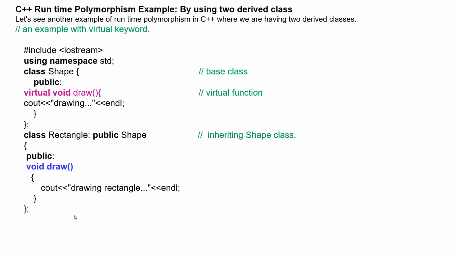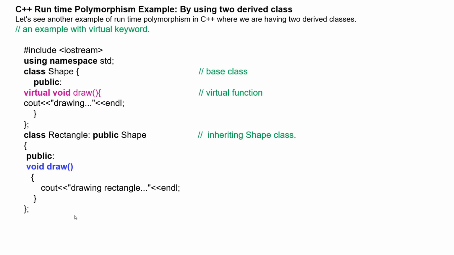Let's see the C++ runtime polymorphism example using two derived classes. Let's see another example of runtime polymorphism in C++, where we have two derived classes. An example with the virtual keyword: #include <iostream>, using namespace std; class Shape, public, virtual void draw, the virtual function is here, cout drawing; function complete, class Shape complete.